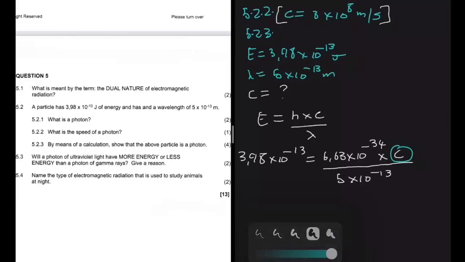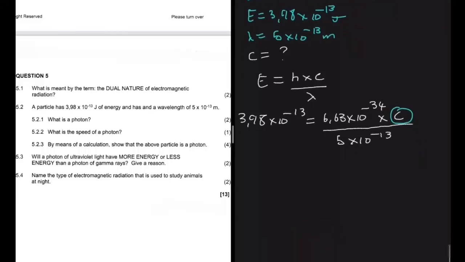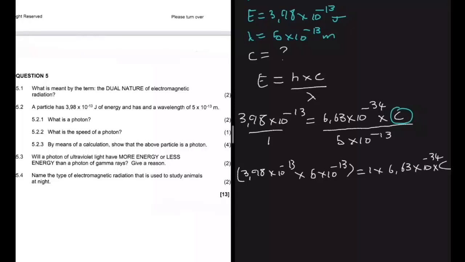So let's take it easy. Let's not do any complicated math. Let's just go ahead and cross multiply. So if we do that, we're going to get 3.98 times 10 to the minus 13 multiplied by 5 times 10 to the minus 13. And then this is going to be equal to 1 multiplied by 6.63 times 10 to the minus 34, everything multiplied by C, right?